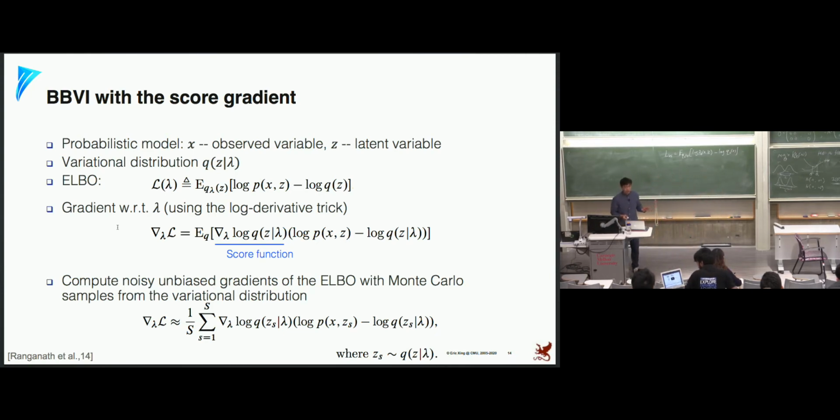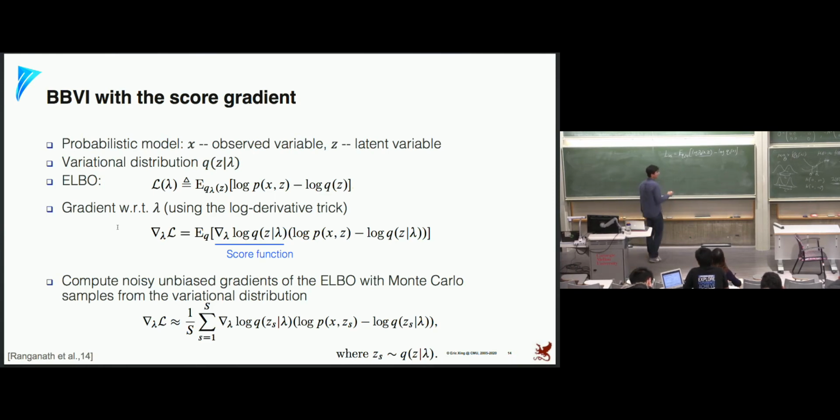Right now we're talking about a general abstract latent variable model where x is the observation and z is the latent variable. And by specifying a generative model, we specified how this looks. Now we're endowing a variational distribution Q parameterized by lambda for z. And our goal is to do inference on Q.